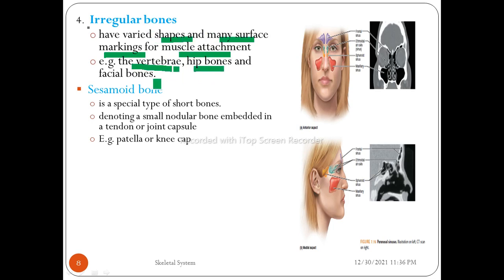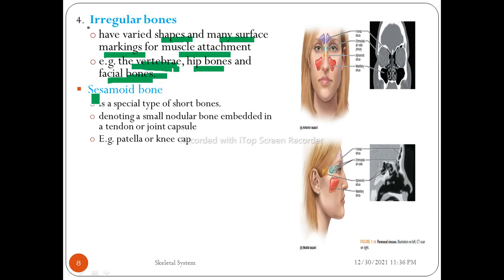Hip bones have a variety of shapes. Facial bones too, and vertebrae like cervical, thoracic, and lumbar vertebrae. These examples are considered irregular bones.